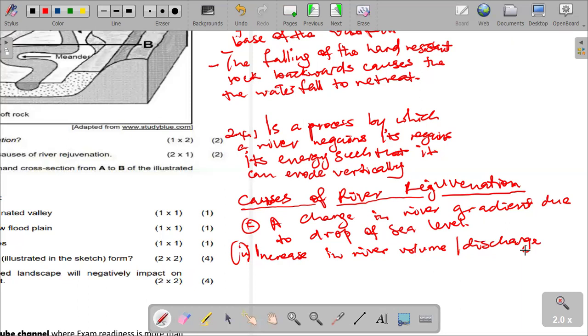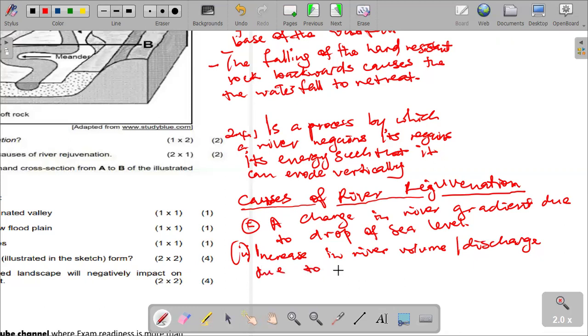Discharge is the amount of water within a stream. Many streams might have entered into the main stream, so the amount of water in the main stream, into which the other rivers are emptying their waters, increases.